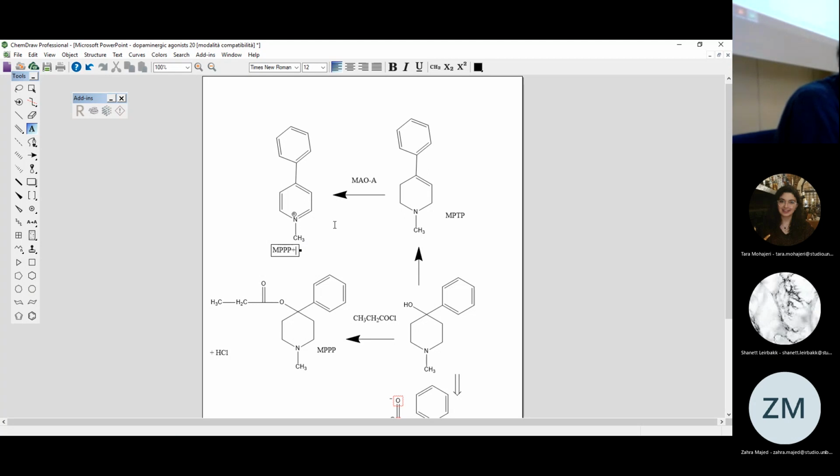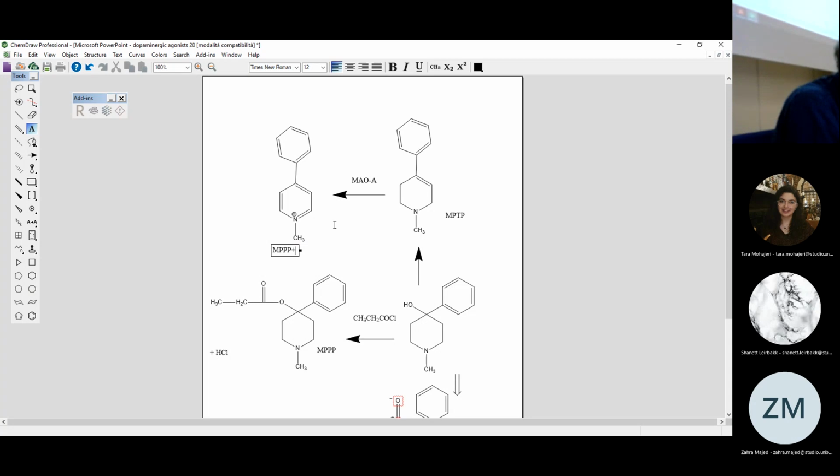is a substrate for a specific reuptake system of dopamine inside the dopamine neurons. And so MPP+ is a substrate for the reuptake of this transport system, and so it is concentrated only in the dopamine neurons.